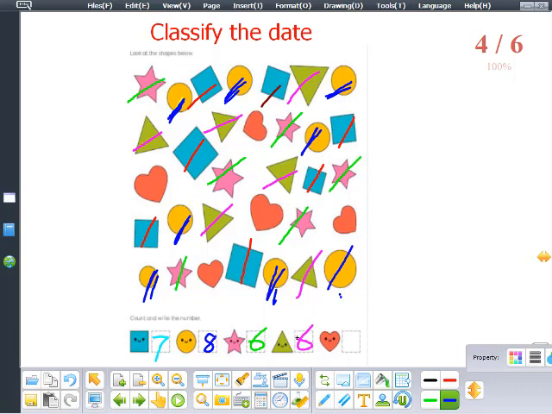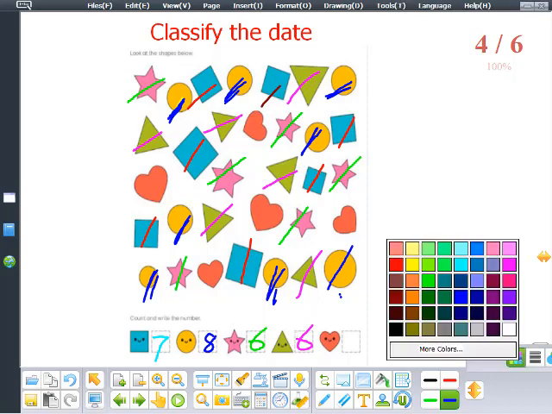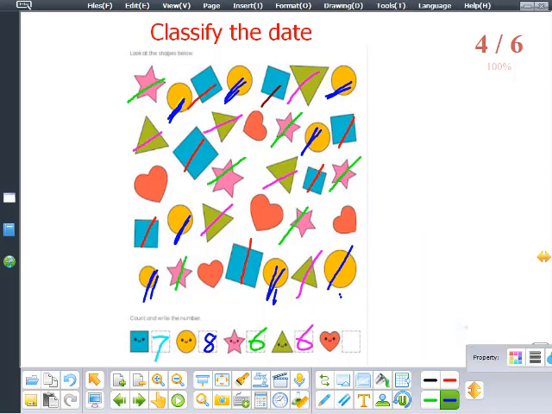Well, the last shape is the heart. Let's count the heart with which color? Well, with this color.